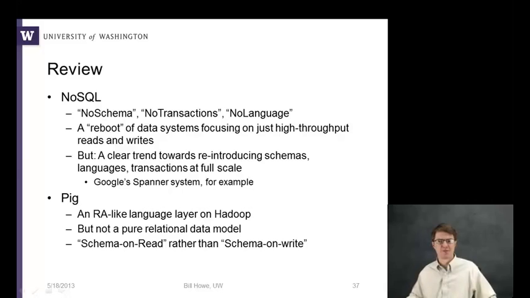So fine. Then we talked about Pig in particular as an example, not so much of a NoSQL system, but as an analytic system that puts a layer on top of MapReduce. And we chose Pig because it has this relational algebra-like layer on top of Hadoop. And so I want to make the point that relational algebra comes up in a lot of different contexts. And in this one it's a little bit interesting, because although it has a clear relational algebra flavor, it's not actually a pure relational data model. You got these nested structures.